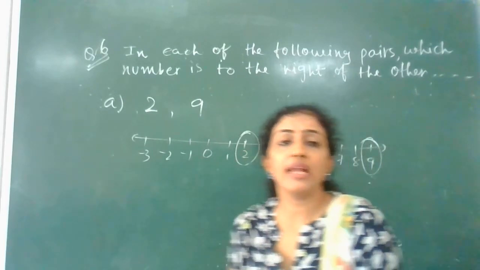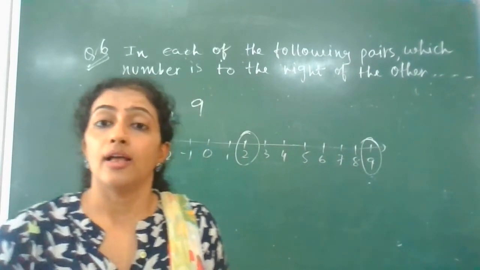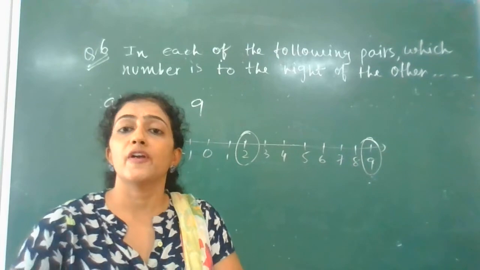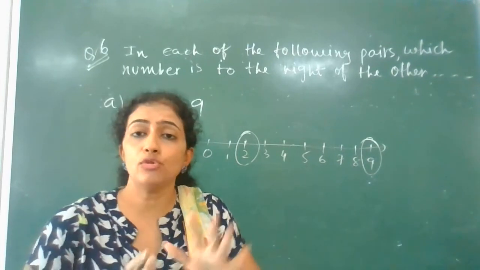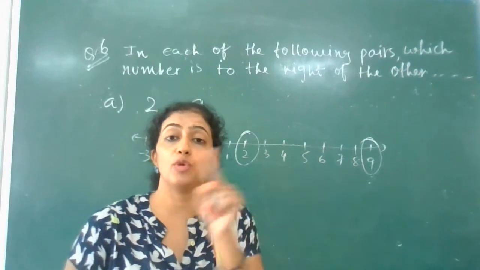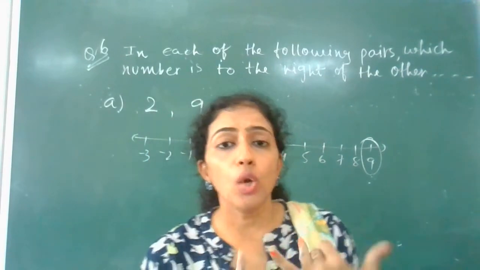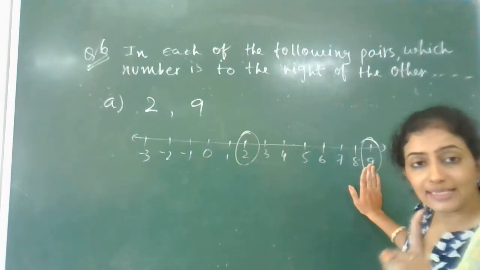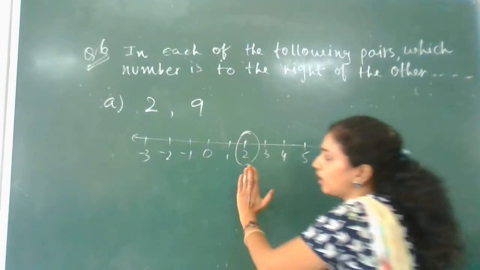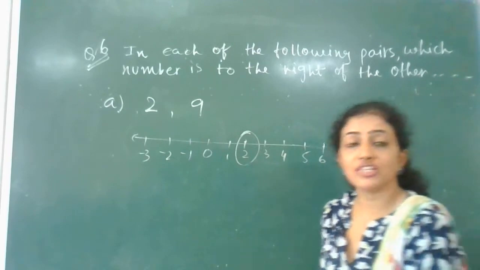So this way you can understand that a bigger number is always on the right side. When you see a pair of numbers, you have to say which is bigger. The bigger number is always on the right side, and the smaller number is on the left side.